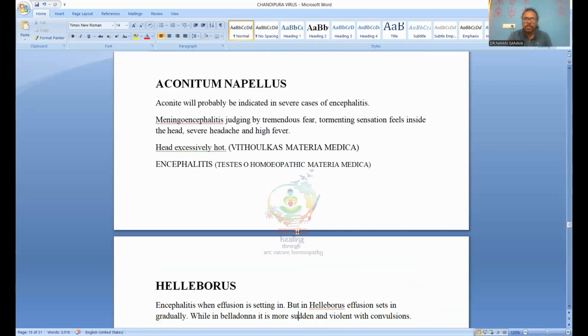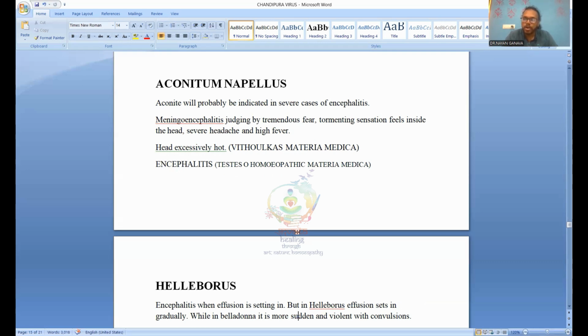If we see aconite, aconite is also indicated in first stages as well as last stages of encephalitis. So aconite may be indicated in severe cases of encephalitis, meningoencephalitis, judging by tremulous fear, tormenting sensation felt inside the head, severe headache, and high fever.